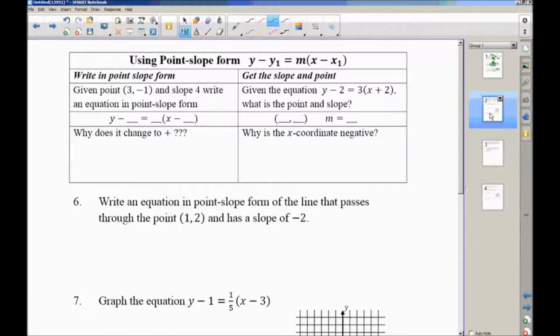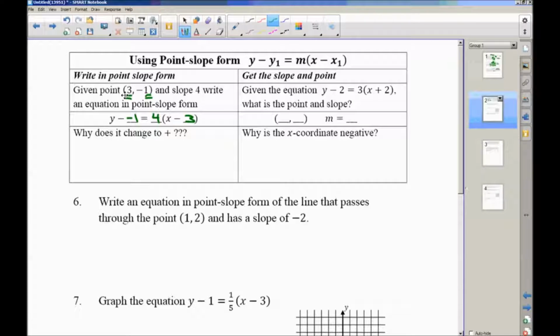So using this point slope form, write in point slope form. Given the point (3, -1) and a slope 4, write an equation in point slope form. Okay. So I've got this. Here's my x and here's my y. So y minus y1. Okay, and then the slope was 4, and then x minus x1.